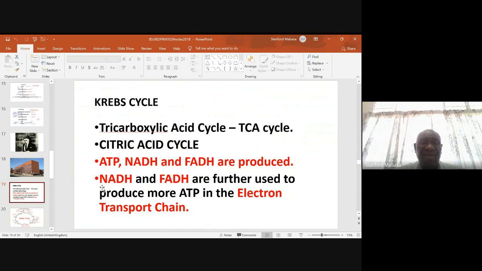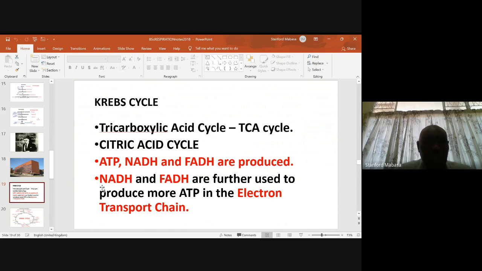Krebs cycle, or tricarboxylic acid cycle, TCA cycle. Some people call it the citric acid cycle. Produces ATP, NADH, and FADH. NADH and FADH are further used to produce more ATP in the electron transport chain.